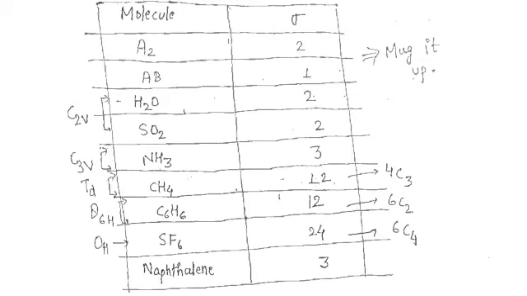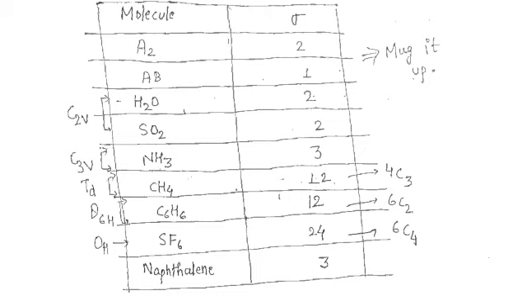Now this sigma that we discussed has a proper value for each kind of molecule. Here I have given the important values which you just have to memorize. You need not go very deep into it.